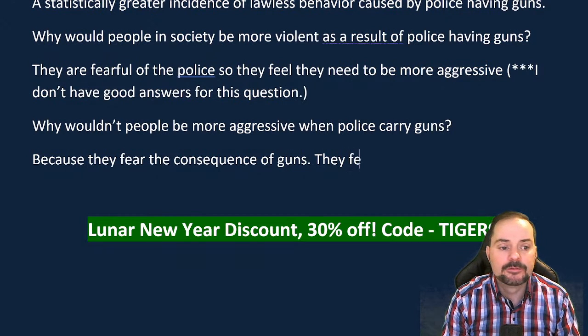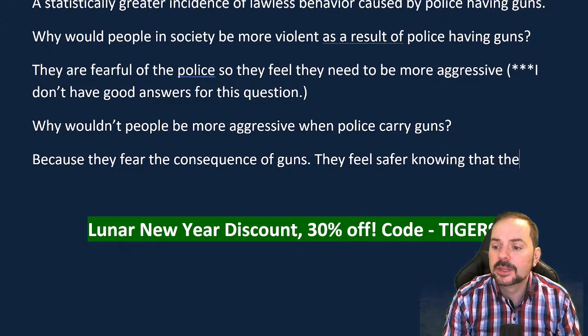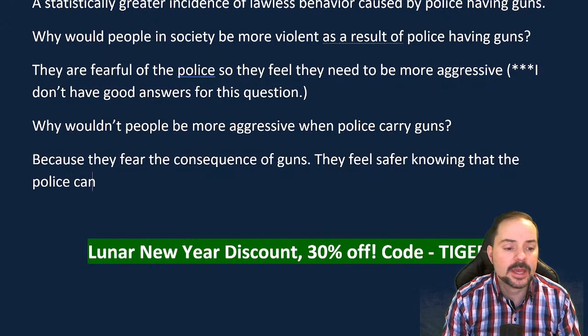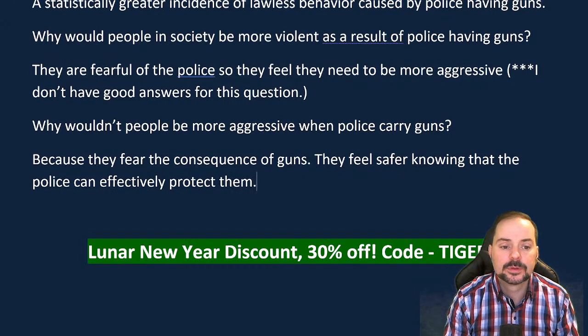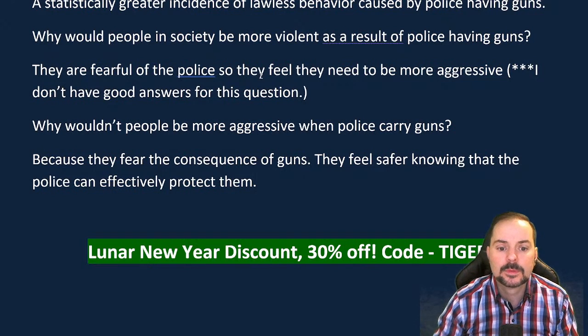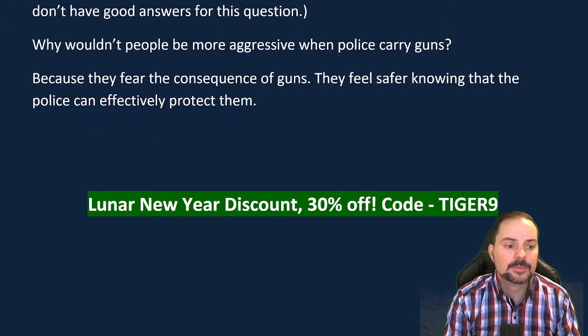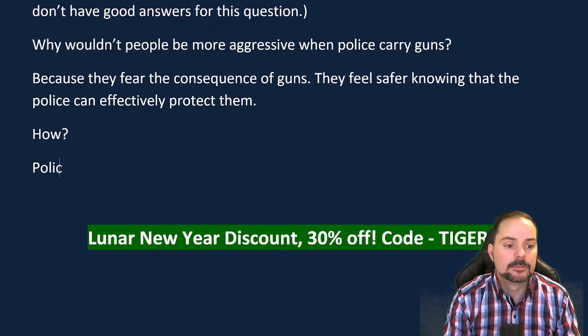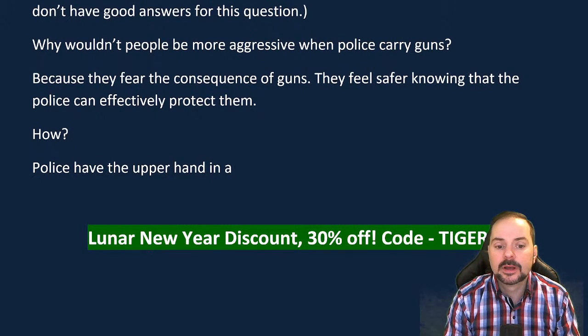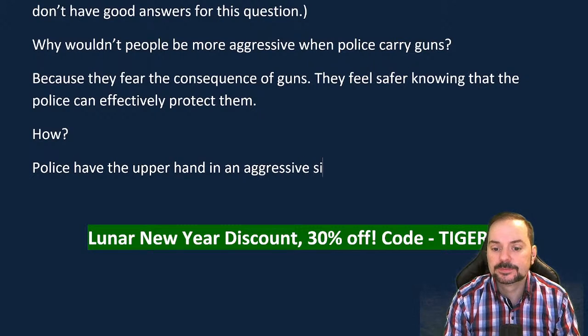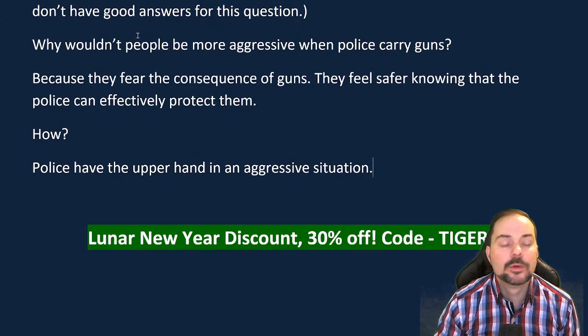They feel safer knowing that the police can effectively protect them. Okay. All right. Okay. So how? Police have the upper hand in an aggressive situation. Okay. So that would be the rest of it.